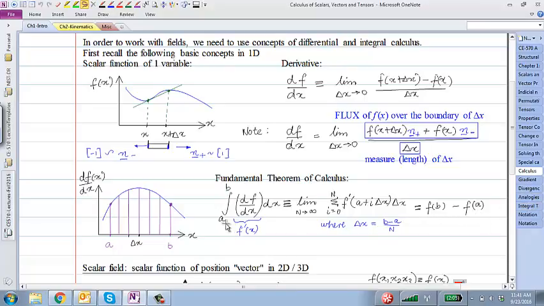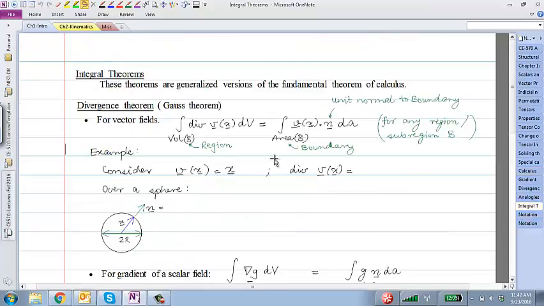So this fundamental theorem of calculus that works for scalars is what we are talking about here for a vector field in 2D or in 3D. Derivative of some vector field over the volume of a body is equal to the flux of that same field over the boundary of that body.